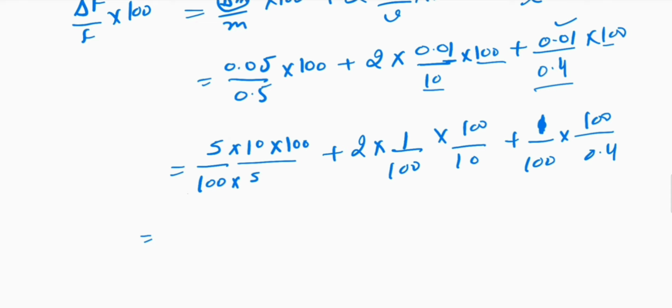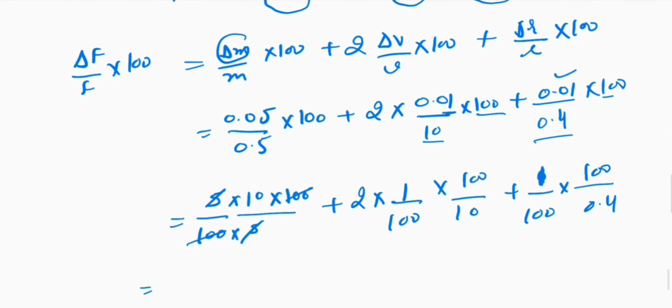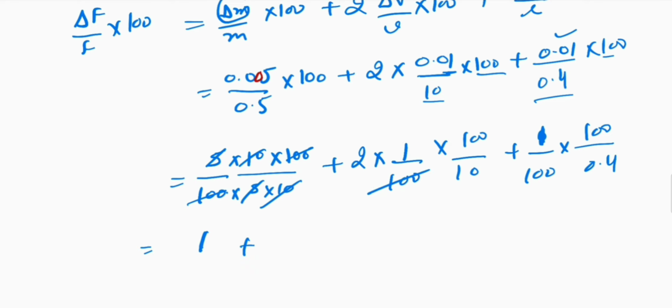So this will get cancelled with this, and we are left with 1, plus 2 divided by 10, which is equal to 0.2, plus, here I'll get 100 divided by 40, so this will get cancelled and I'll get here 2.5.